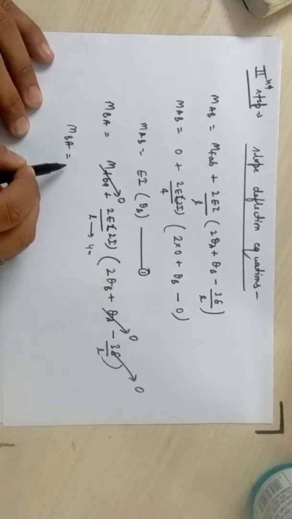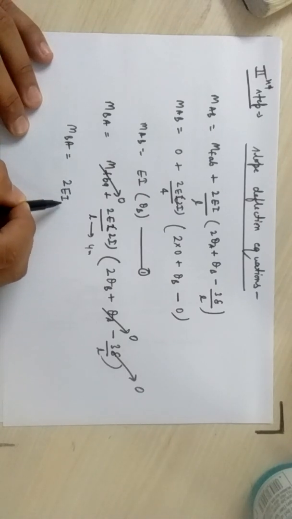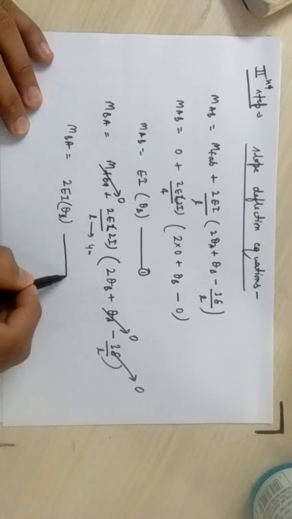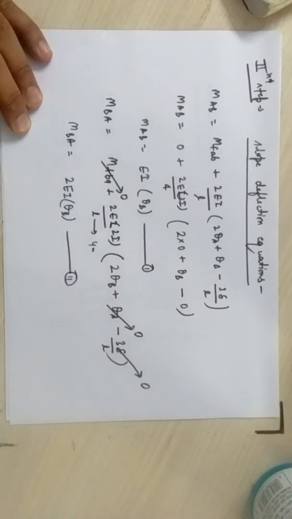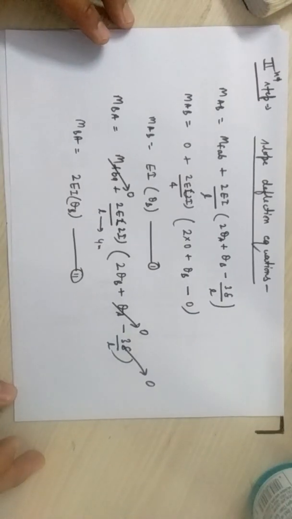Okay, so MBA will be equal to 2EI theta B. This is our equation number 2. Okay, this is for span AB.